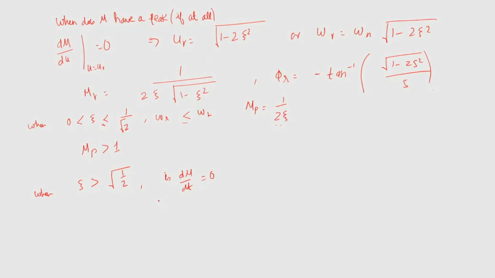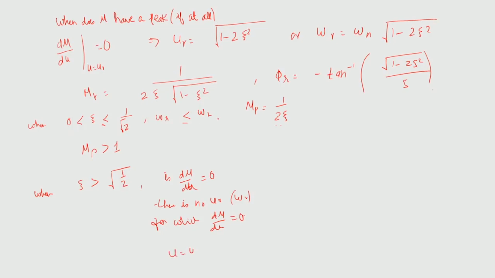So, there is no ur or wr for which dm by du equal to 0, or its peak will only be when u equal to 0.